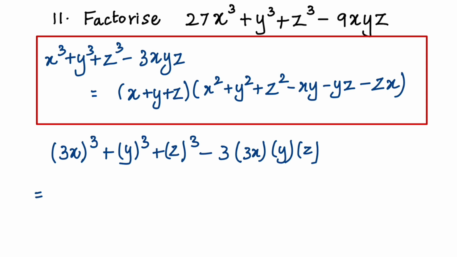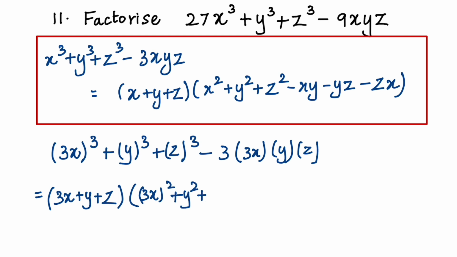Now you can just straight away convert it into the RHS side. So that is going to be x plus y plus z, right? So 3x plus y plus z multiplied by x squared. So that is going to be 3x the whole squared plus y squared, that is plainly going to be y squared, and z squared minus xy, right?